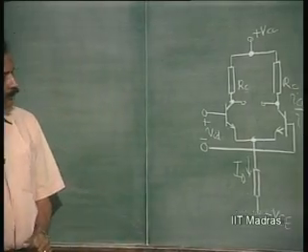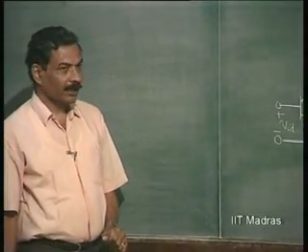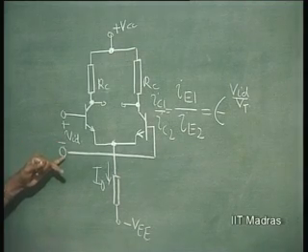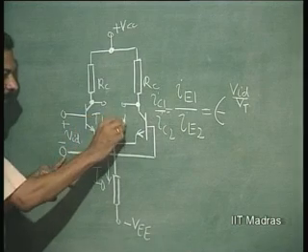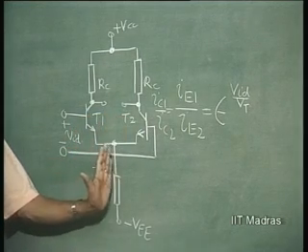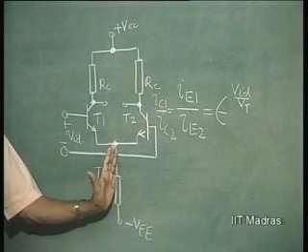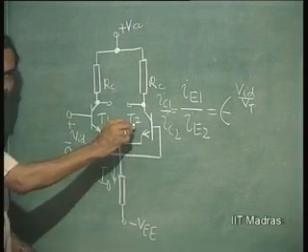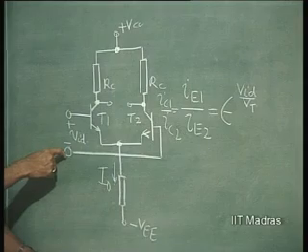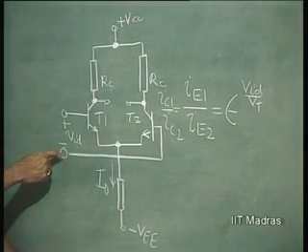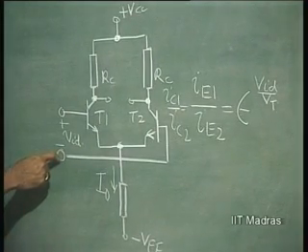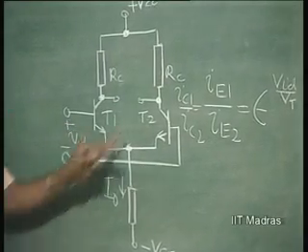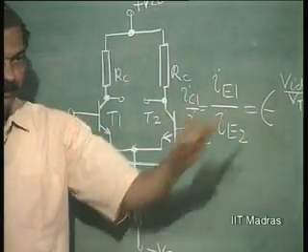Now, let us discuss once again how this VID can swing this current. Okay. A portion of this current is going to flow through this. Initially, this will be I 0 by 2, and this will be I 0 by 2, when VID is 0, if the two transistors are matched. Now, let us apply VID. The current ratio is going to vary according to this.